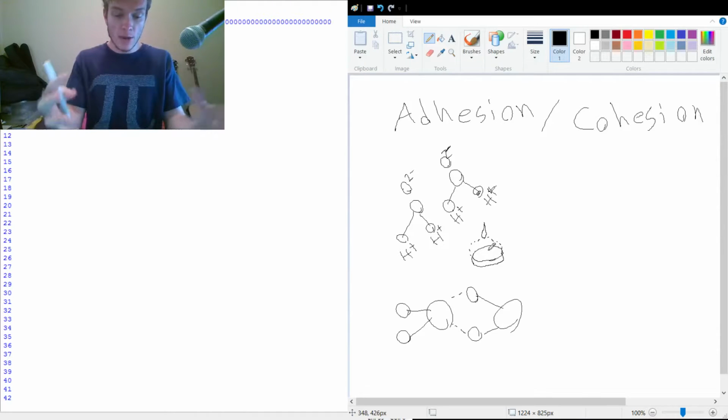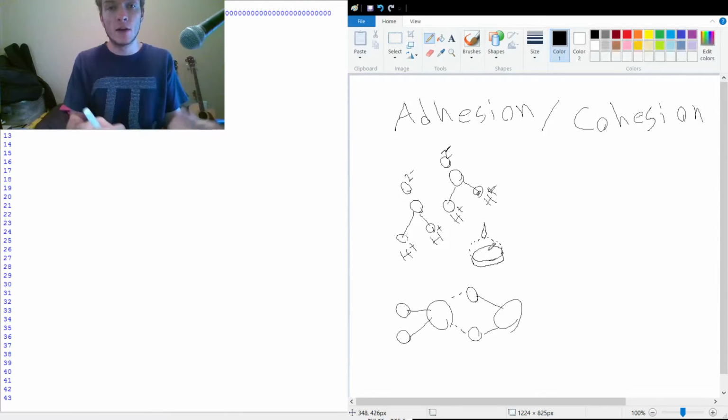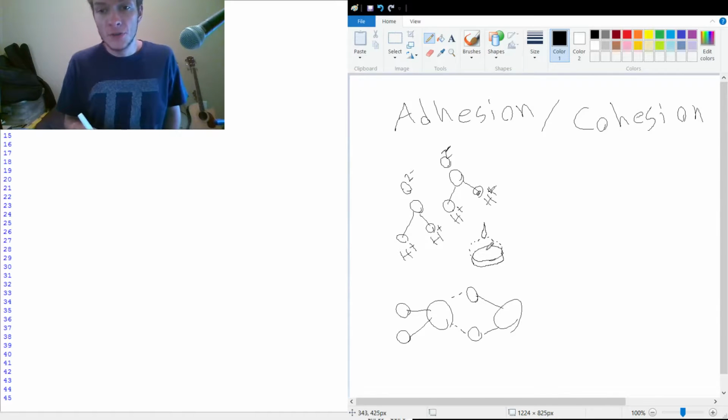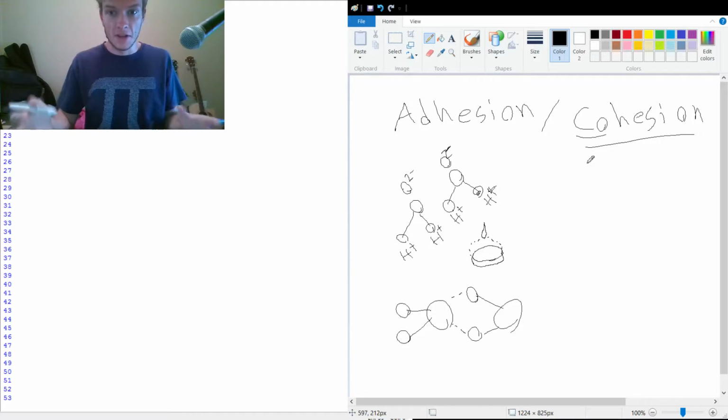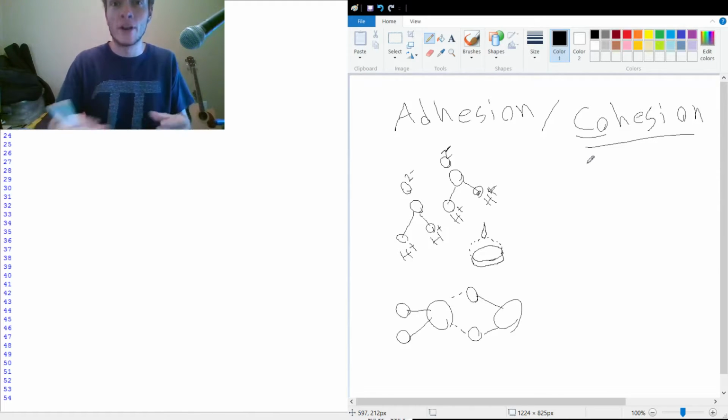It wants to stick to itself, and so that's why you can fit a lot more water on top of a surface than you could with some other liquids which aren't as cohesive. And this is cohesive because it's like cooperative. The water molecules want to stick together.